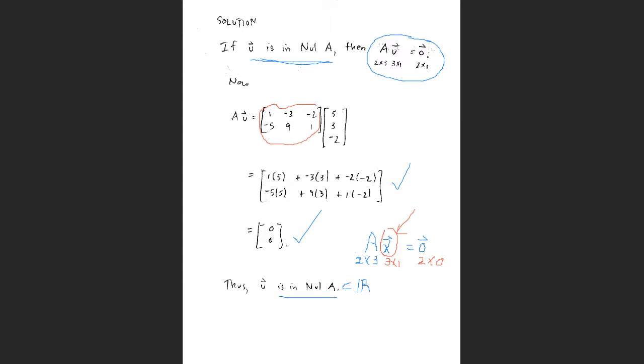So James, X is a vector. Vectors always have one column. So the question is, how many rows? Well, you need the column number of the matrix A to match the row number of the vector X. That's why it's 3 by 1.